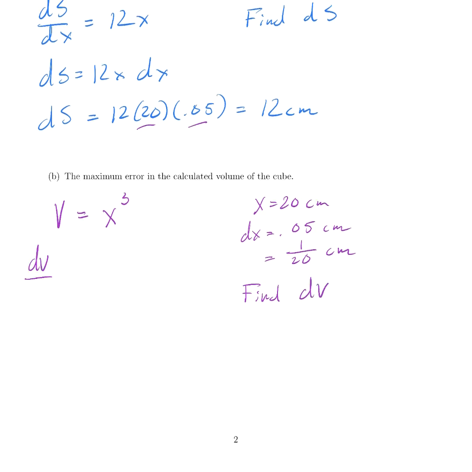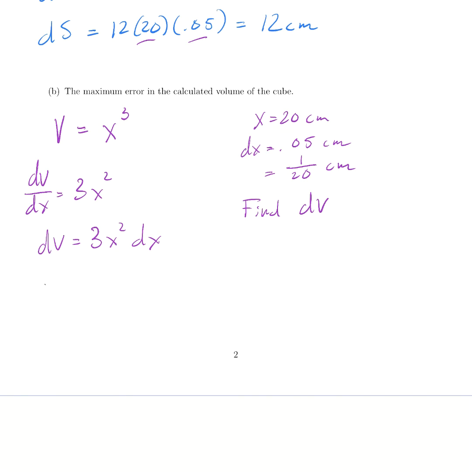So dV/dx is 3x squared. So dV is 3x squared dx, and so dV is 3 times 20 squared times 1/20th.